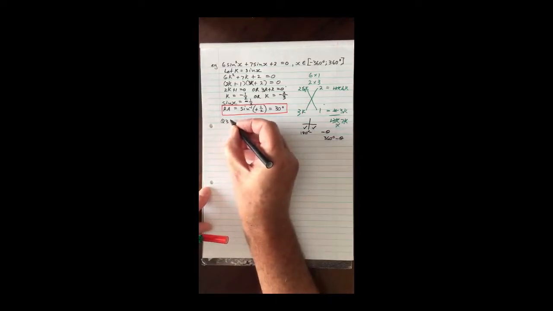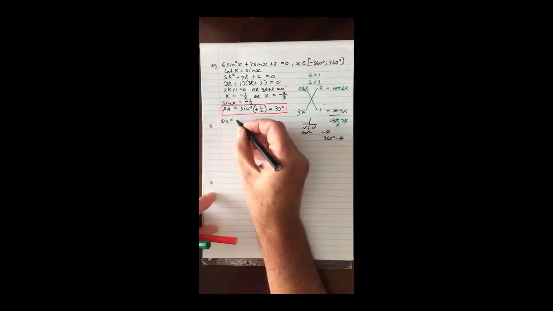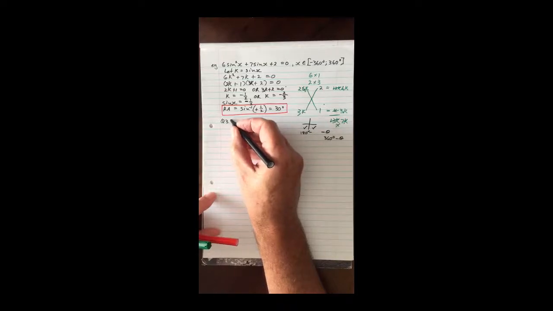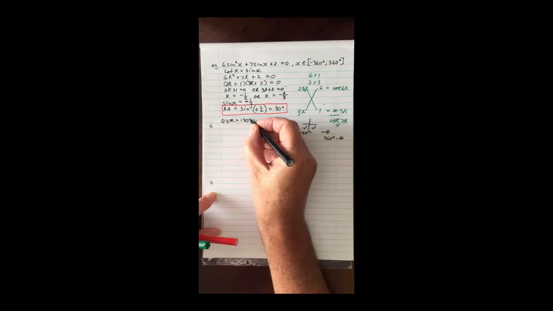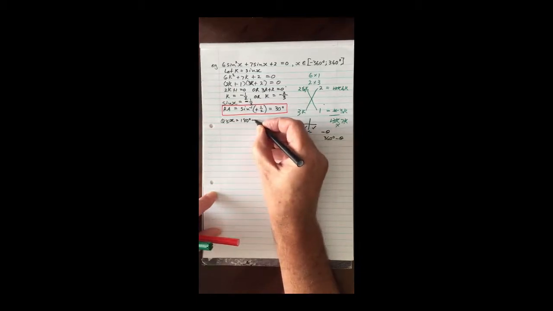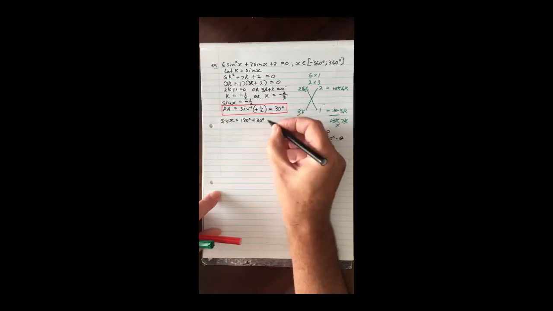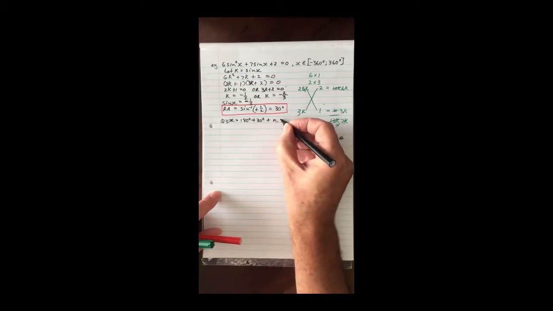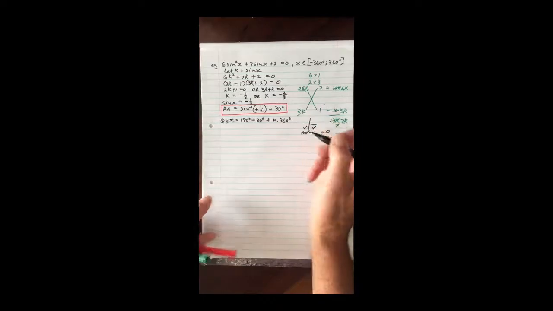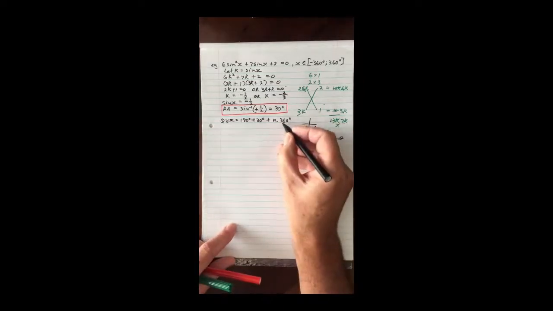So in my third quadrant, I'm working with x equals 180 plus my reference angle of 30. Okay, and now I add my general solution, n times 360 degrees. Why do we do that?